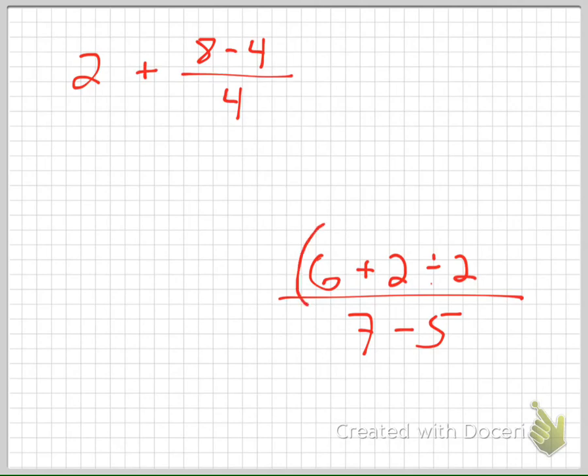There is parentheses on the top and there's parentheses on the bottom. Okay? They're just invisible. You always do the whole top and then you do the whole bottom and then you divide. Does that make sense?